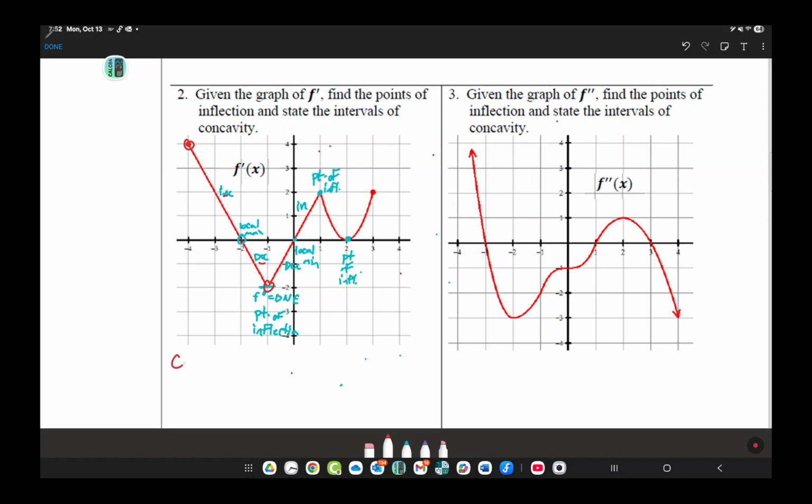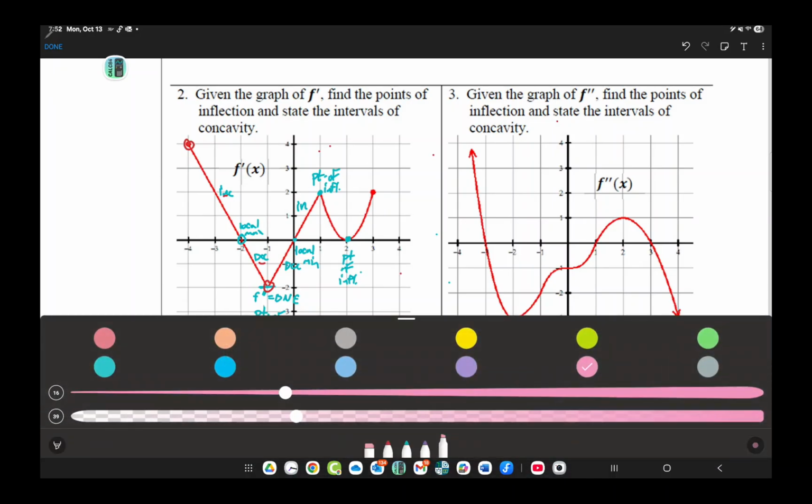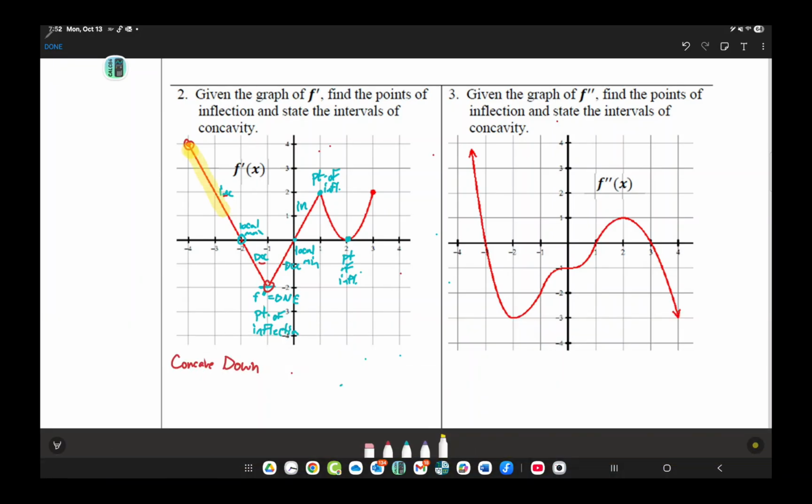So concave down everywhere my graph is decreasing in value. So concave down from -4 to -1 and 1 to 2.